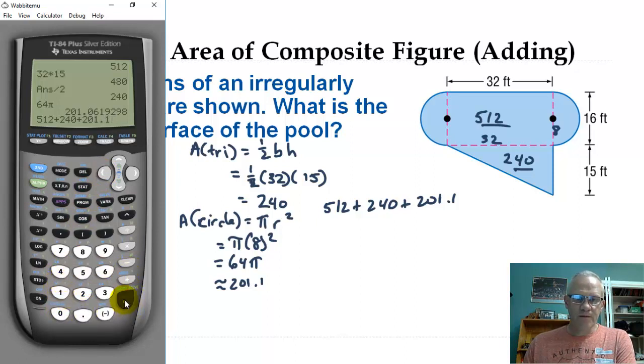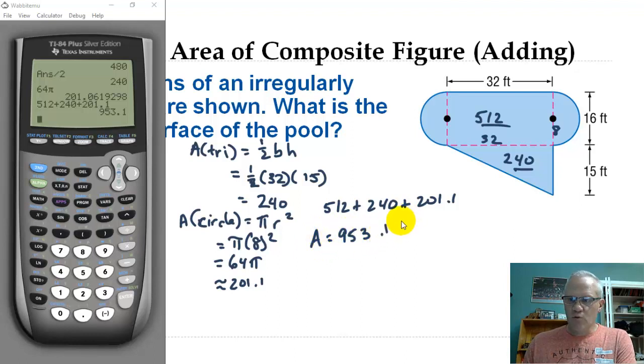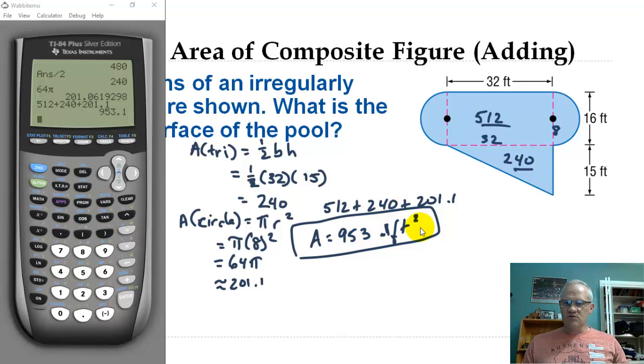In the end, the area of this whole figure will be 953.1, and again, feet squared. It's a little weird looking there, but I think you get 953.1 feet squared. Square units again on the area there.